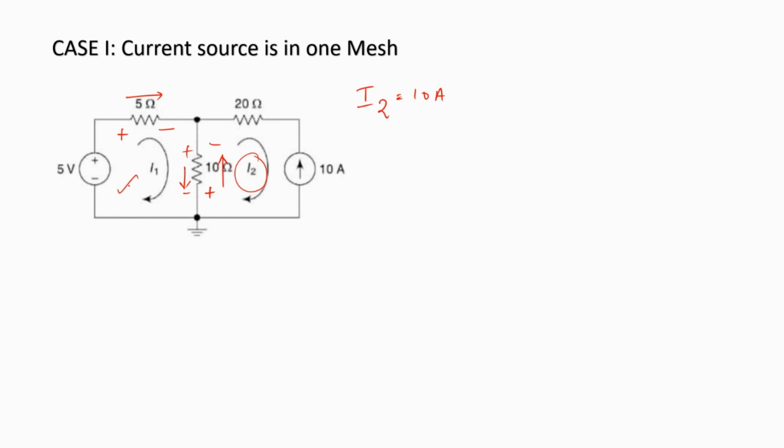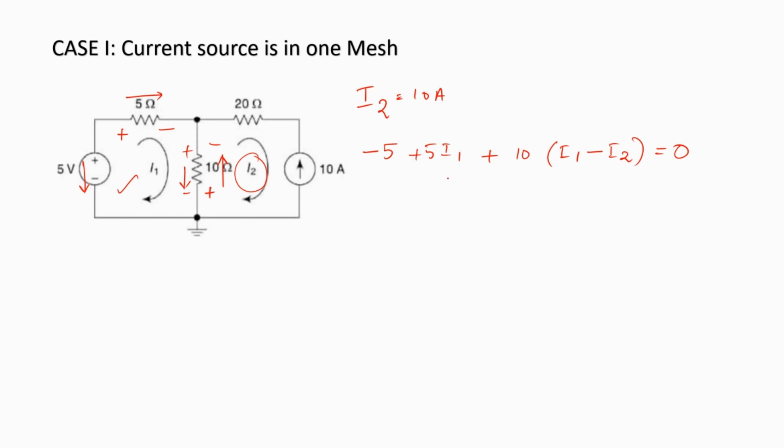Writing the KVL equation for this loop, we get minus 5 plus 5I1 plus 10 I1, which is pointing downwards, minus I2, which is pointing upwards. The direction that we have considered here for the loop current and the direction of the voltage drop across the 10 ohm resistor due to I2 are opposing, which is why minus I2. All this put together is equal to 0.